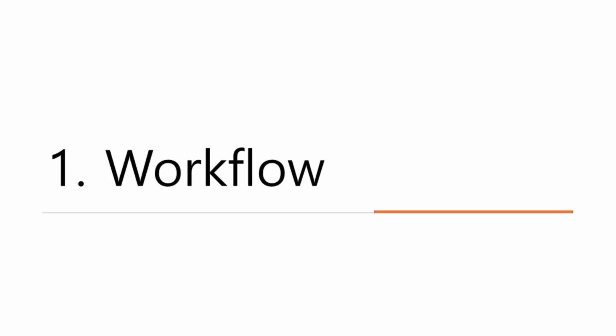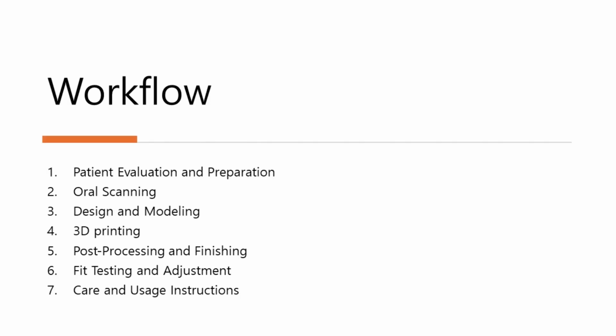Preparing a lecture on the process of creating occlusal splints using an oral scanner and a 3D printer involves several key steps. This process can generally be broken down into the following phases. 1. Patient evaluation and preparation. Before creating an occlusal splint, evaluate the patient's oral health and identify the specific issues needing treatment.